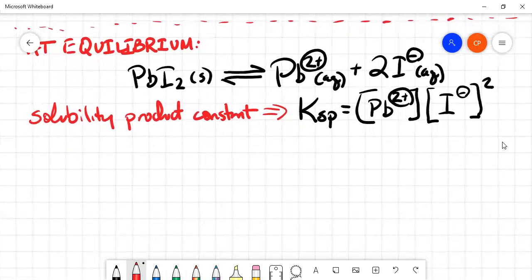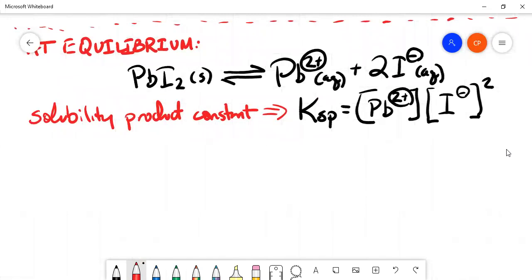Let me give you one more to have you thinking on your feet a little bit. See if you can write down the accurate equilibrium constant expression for this reaction right here. Now, in the aqueous phase, HF is known as what?